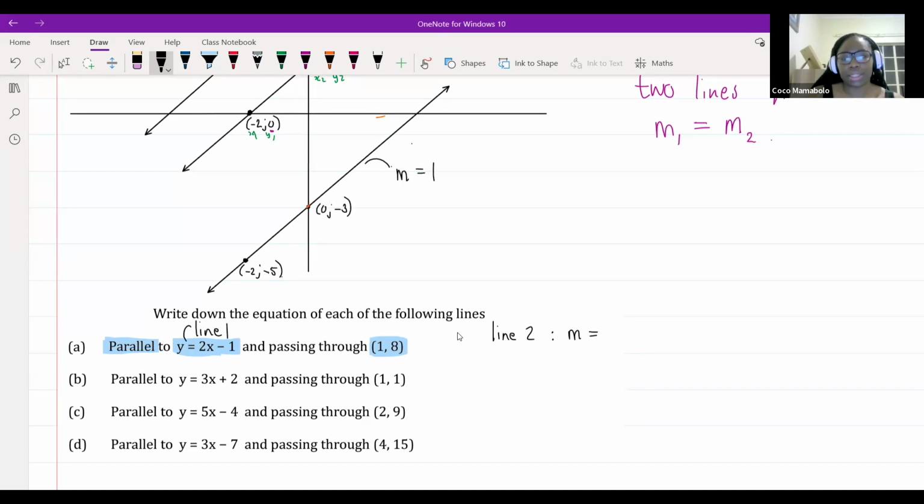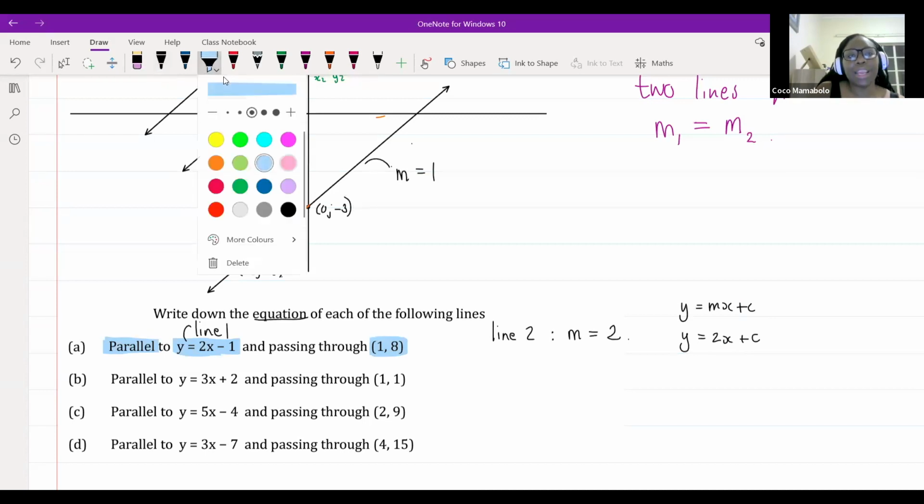The gradient is equal to 2 because that one is parallel and they're both the same line. Now, if I want to put this together into an equation, because they want us to find the equation of each of the following lines, I'm going to use y is equal to mx plus c. Lucky for me, I already know what my m is. So this will read y is equal to 2x plus c.